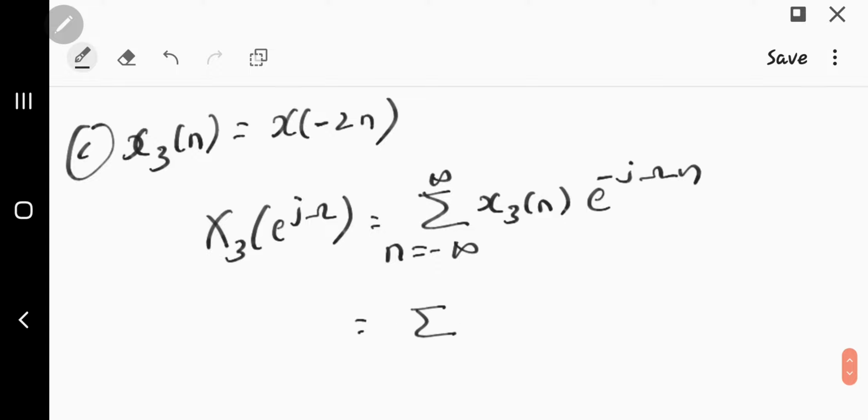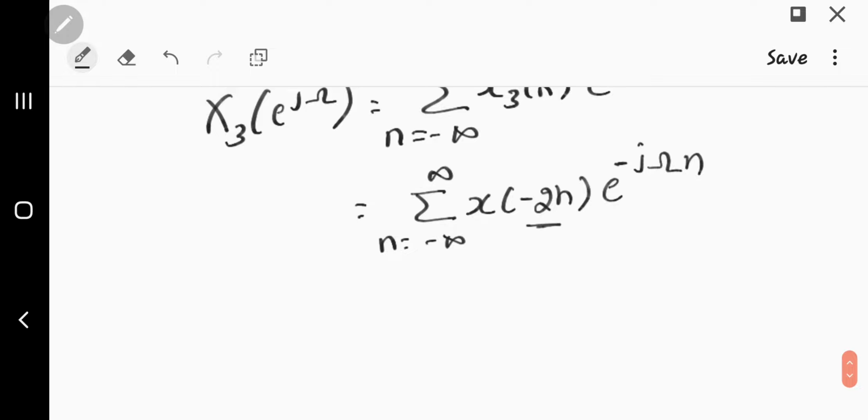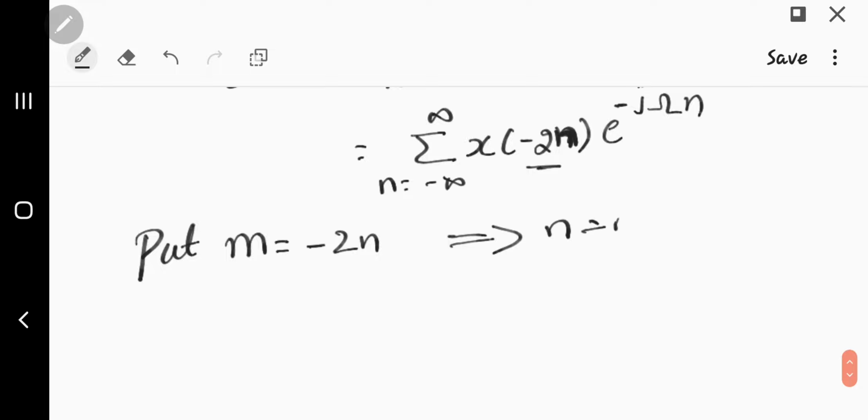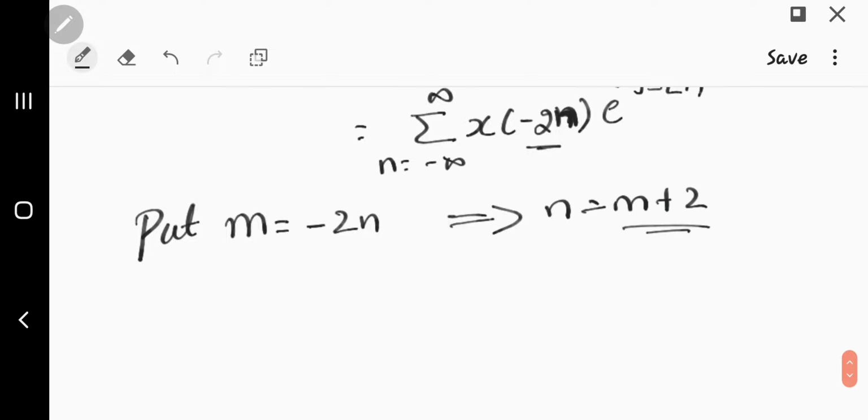So the limit n is equal to minus infinity to plus infinity, x3 of n is x of minus 2n e to the power of minus j omega n. So I will replace this minus 2n. It looks like a scaling property. So put m is equal to minus 2n, so that implies n is equal to m plus 2.